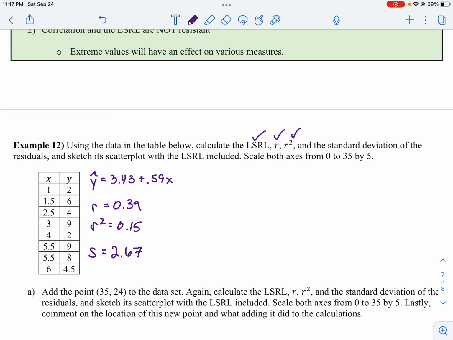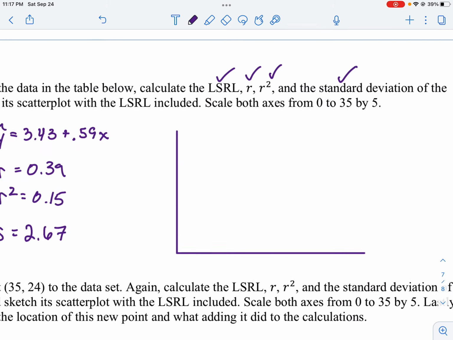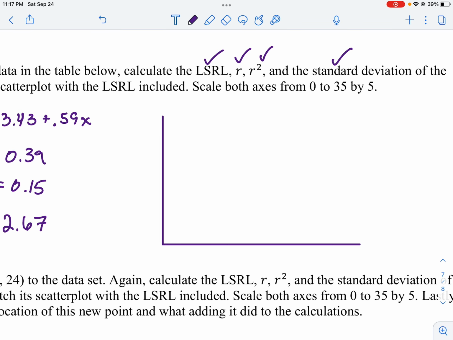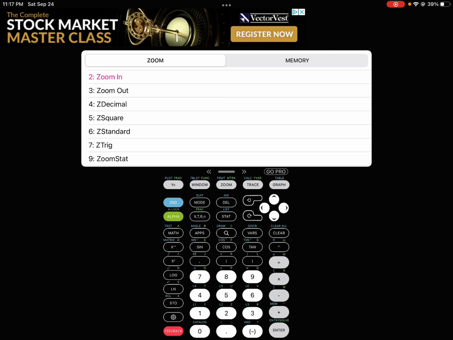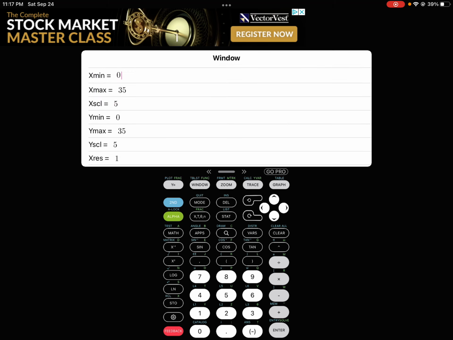So the next thing that I'm going to do is sketch the scatter plot with the least squares regression line included. So go to my calculator, it said to scale everything from 0 to 35 by 5, so you can see my window is set up there.